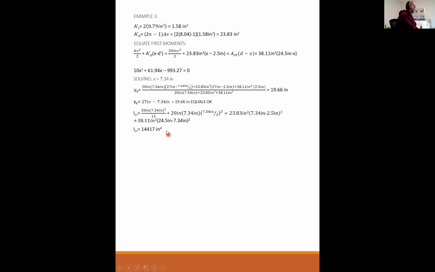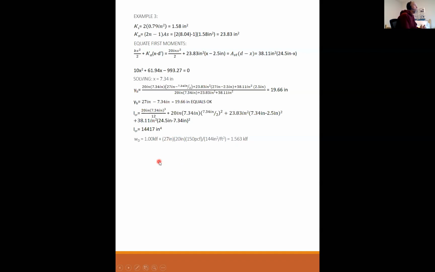Okay, so we got our gross moment of inertia, we got our cracked moment of inertia, and now we can move to our loads. Notice we're not going to factor the loads. For serviceability, we do not factor our loads. So I have the 1 kip per foot that was given and the self-weight. The self-weight is the dimensions of the beam times 150 PCF divided by 144 to give me 1.563 kips per lineal foot.